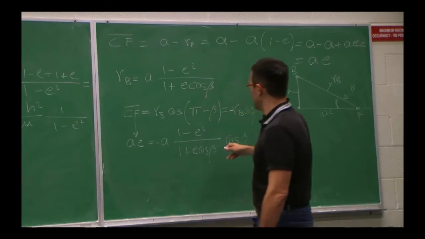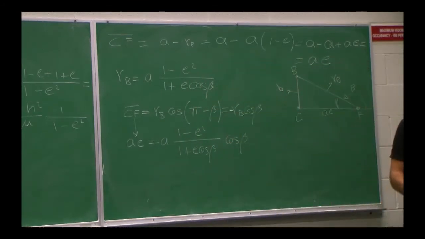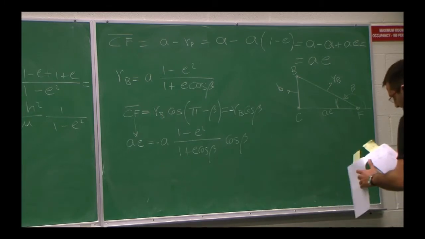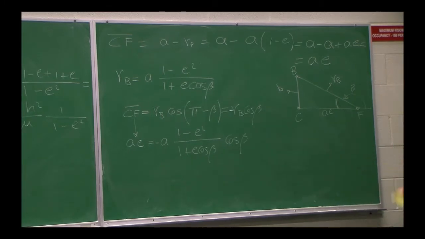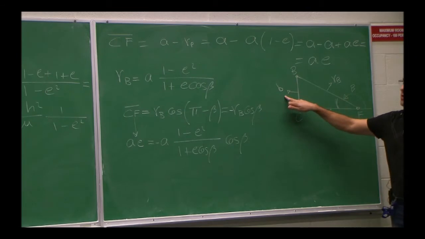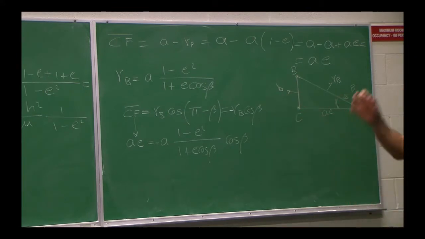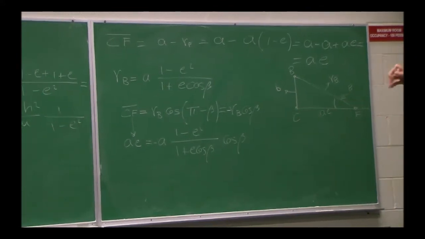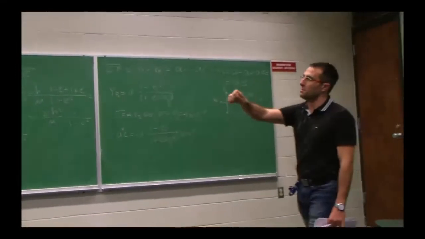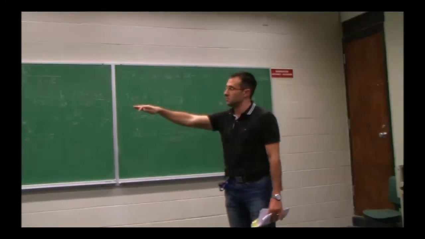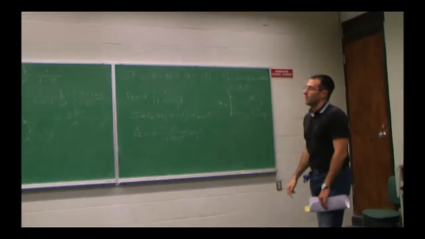So let's try to solve this for what? What is the unknown now? What do you think the unknown is? My goal is to compute the semi-minor axis. I started by saying I have an eccentricity between 0 and 1. I know that this curve is symmetric with respect to the line of apse because we know that from the parametric solution.